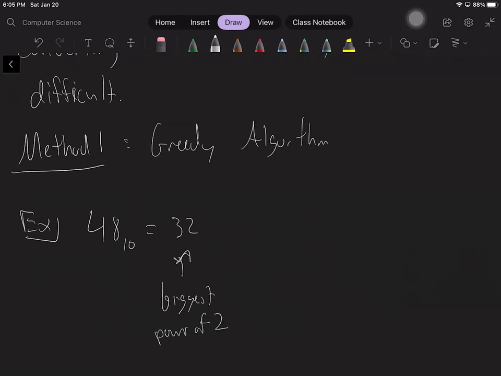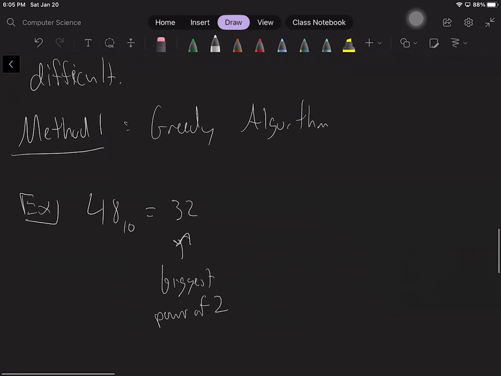So 32 is the biggest power of 2 that goes into 48, plus the remainder. What's left is 16, which also happens to be a power of 2, which is the best possible situation, because then you can write this as 2 to the 5th plus 2 to the 4th, and no other powers of 2.